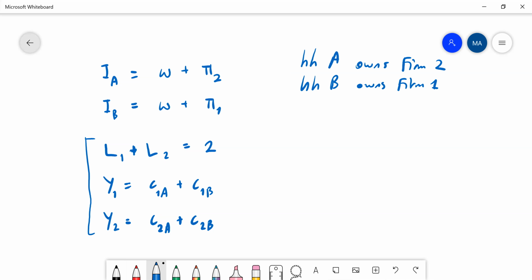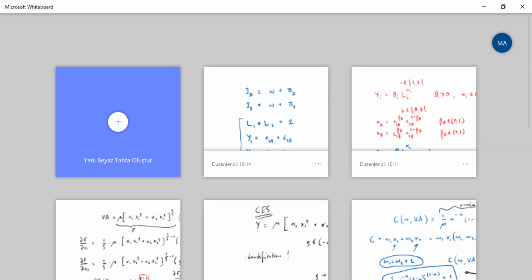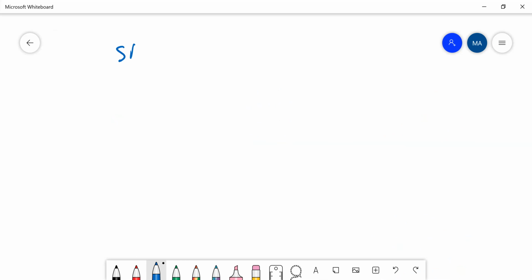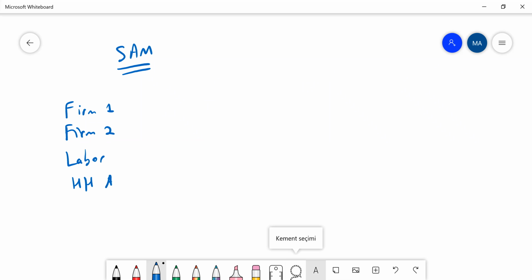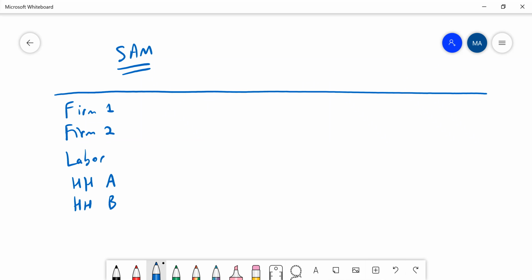Now let's imagine the SAM of this model. So you have firm 1, you have firm 2, you have the labor account, then you have household A, then you have household B, and there's no one else, right?